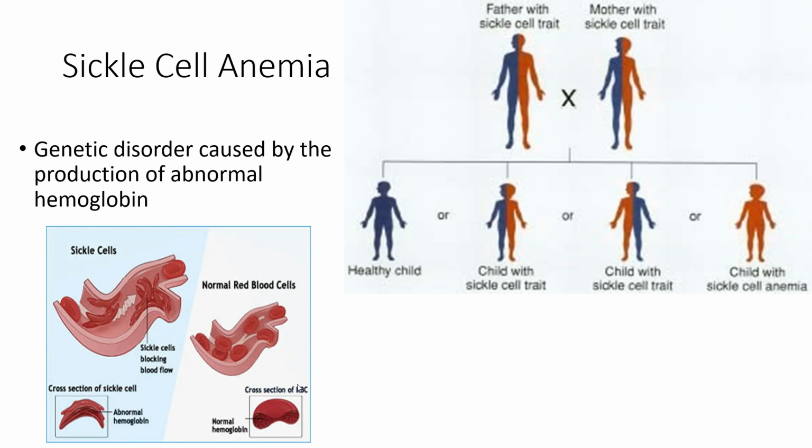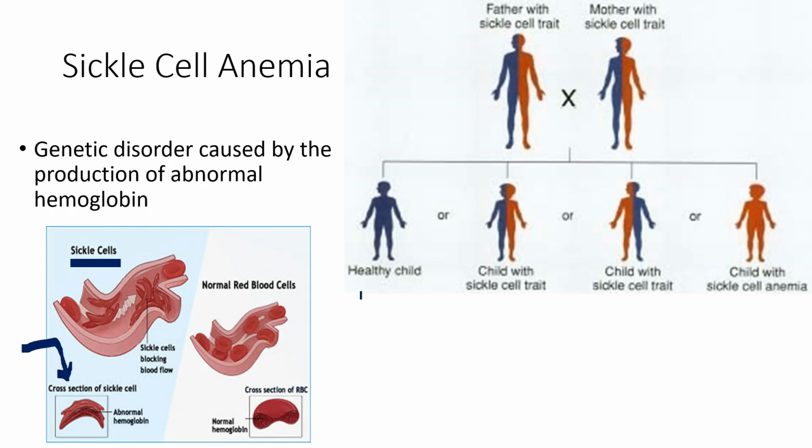Now, sickle cell anemia is a genetic disorder caused by the production of abnormal hemoglobin molecules. That's the big takeaway there that you need to know. And here you can see in color that sickle cells are not normally shaped.